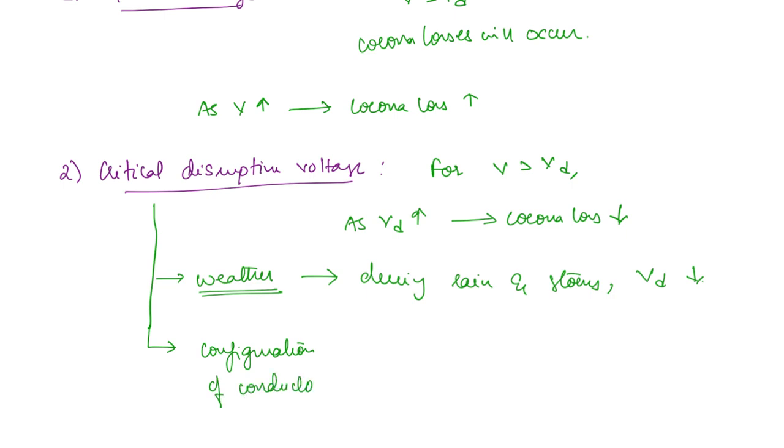Let us say you have 3 conductors, and the conductor which is in between may experience more electric stress. This middle conductor is going to experience more stress because of both neighboring conductors, as compared to the other 2 conductors. What is going to happen when the electric stress increases? The disruptive voltage is going to reduce. That means at a smaller value of voltage, the corona is going to start.